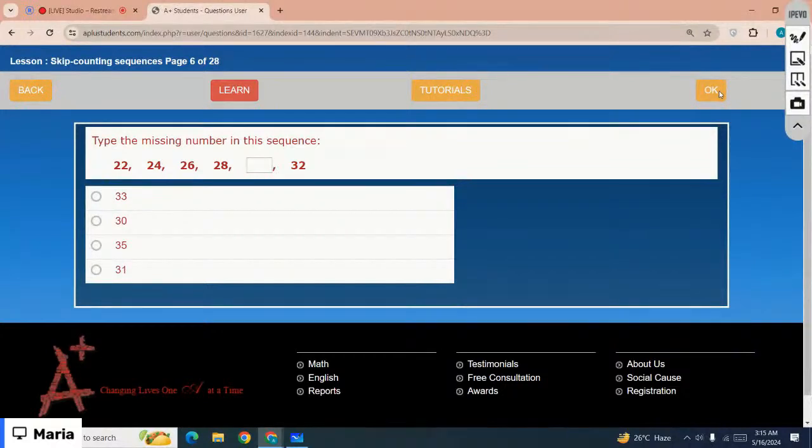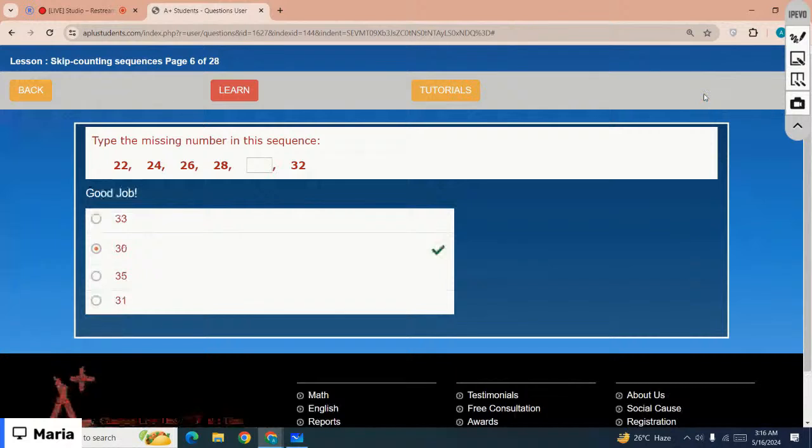Type the missing number in the sequence. The correct option is, yes, 30 it is. The pattern is growing by 2, right? So the missing number is 30.